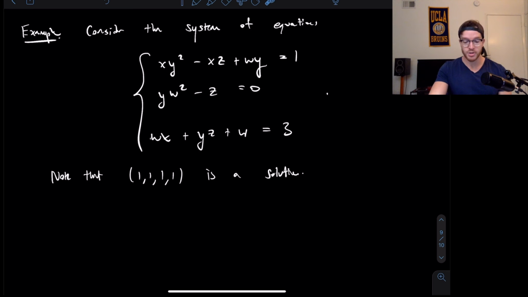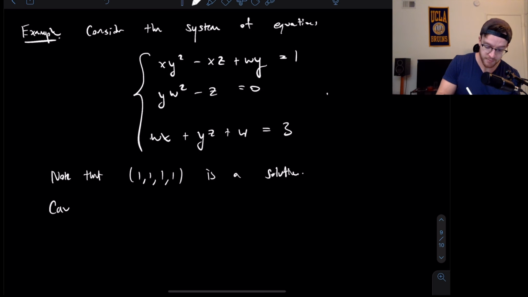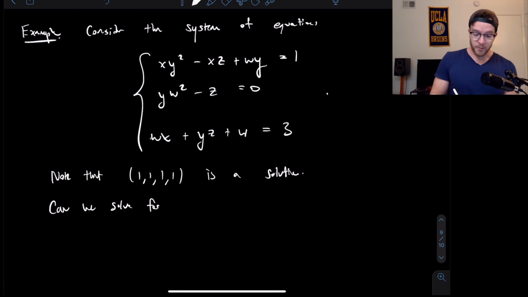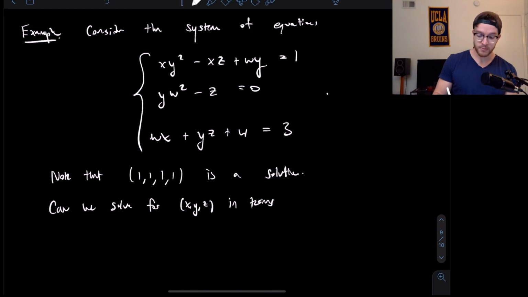And again, we can check. 1 minus 1 plus 1 is 1. 1 minus 1 is 0. And it's 3. Okay, so it checks out. And the question is, can we solve for the 3 variables x, y, z in terms of the 4th variable?